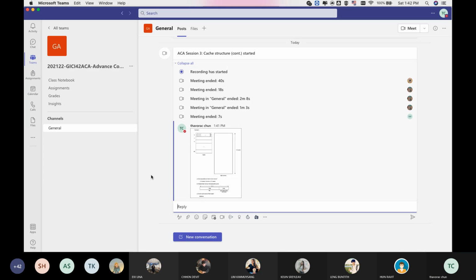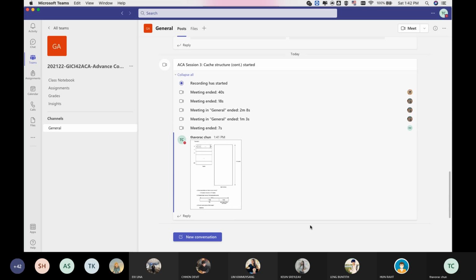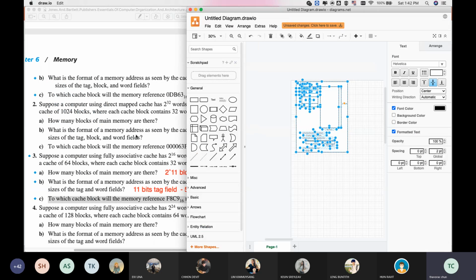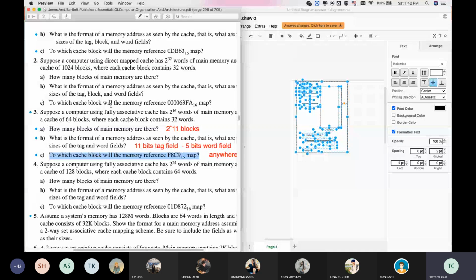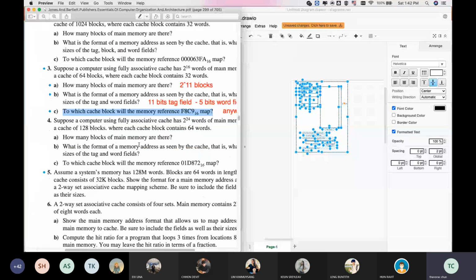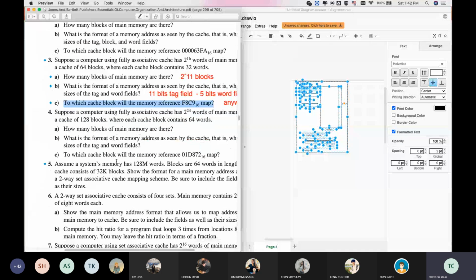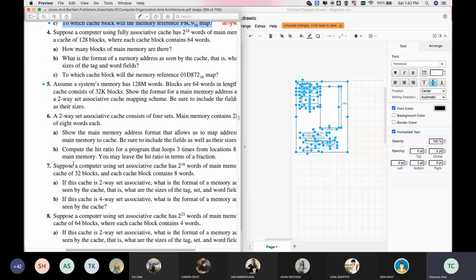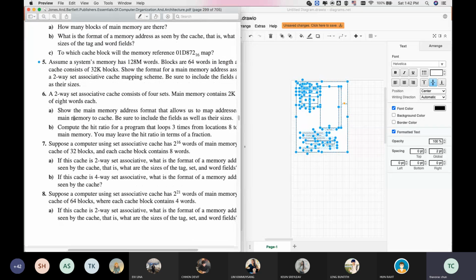So this exercise is similar, just about fully associative. Let's pick another exercise about set associative, like exercise number 6.